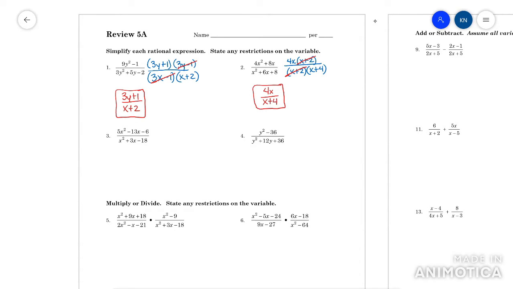Okay, number 3, the top is a trinomial. Same thing with the bottom, it's a trinomial. Cancel your binomials that are the same.